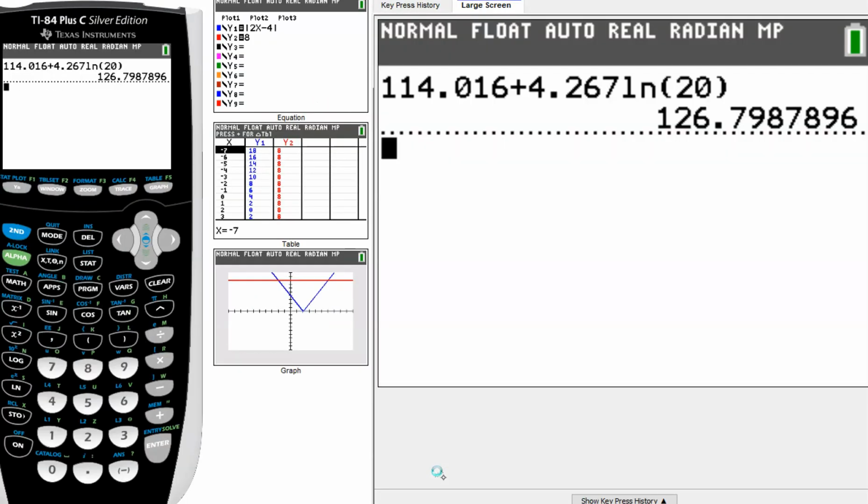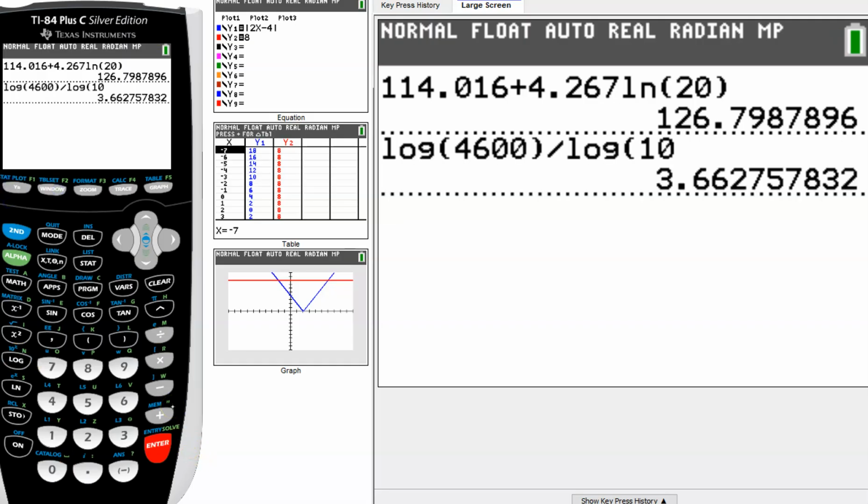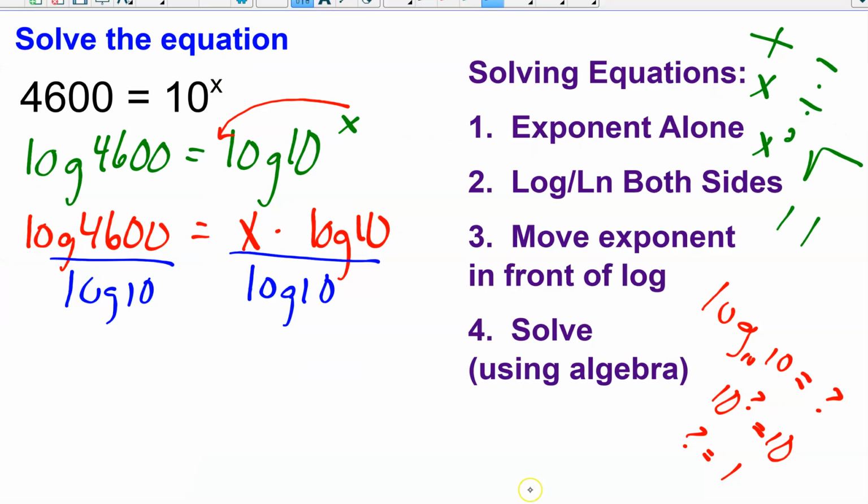And I'm going to use my calculator to do this one. So we would have the log of 4600 divided by the log of 10. And we're going to get 3.6628, and I'm going to round this out 4 places.